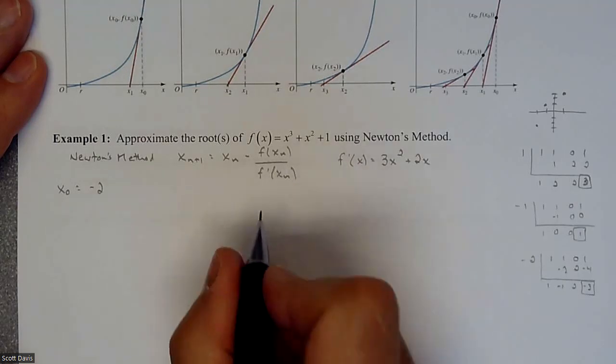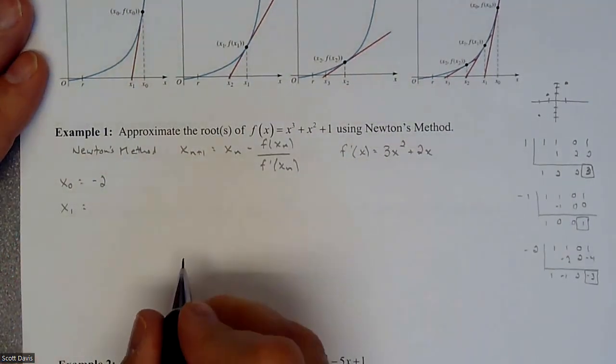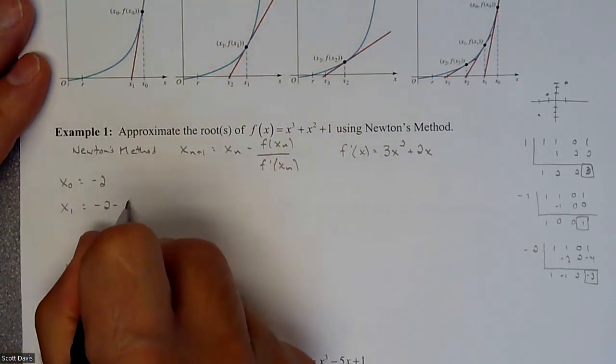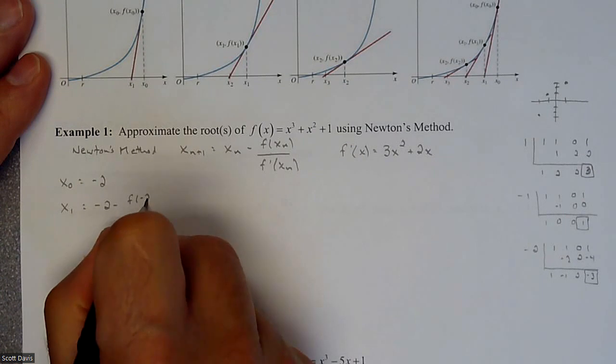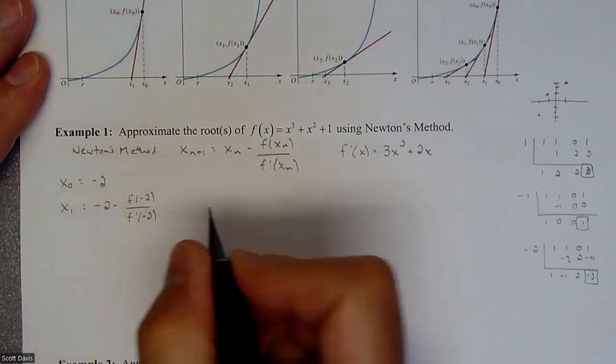Then I just plug it in. My first x is going to be plugging in -2 minus f at -2 divided by the slope at -2.